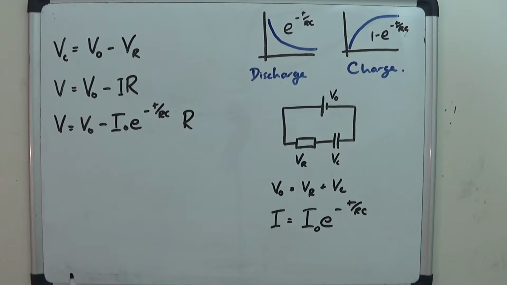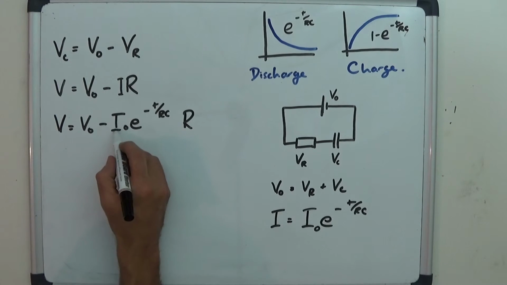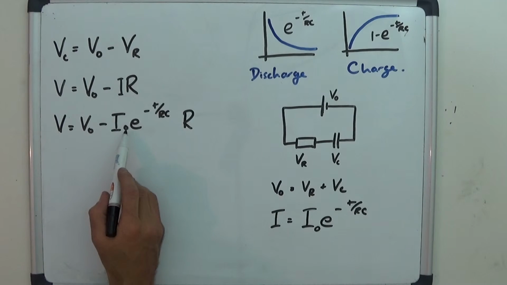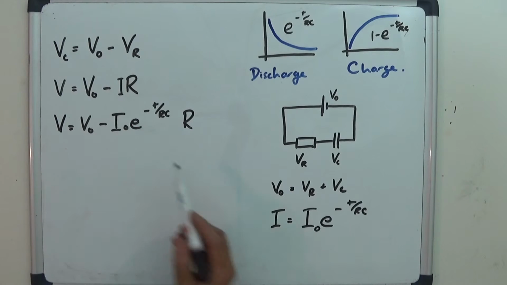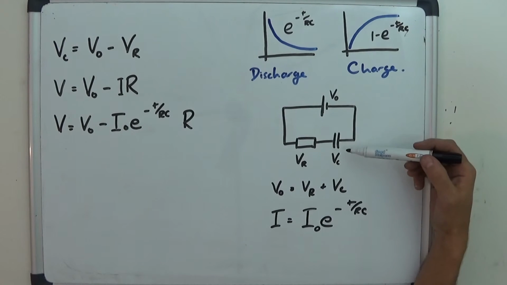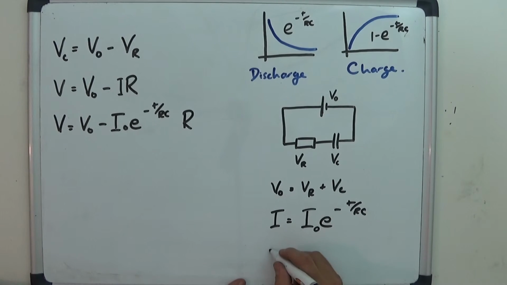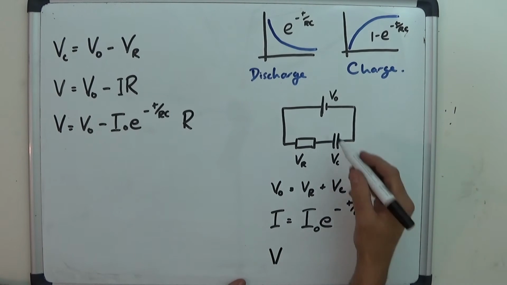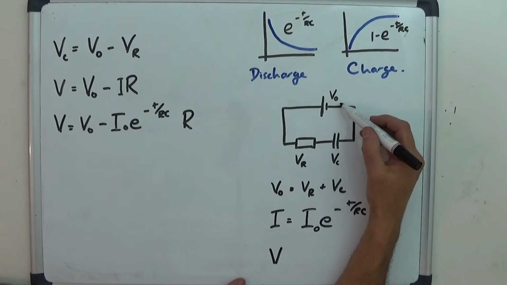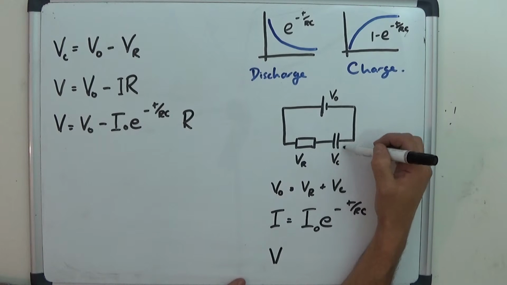With that in mind, I can say, well, what is I0? At the start, when it first starts charging, the capacitor has no potential across it, it hasn't built up any charge, has it?